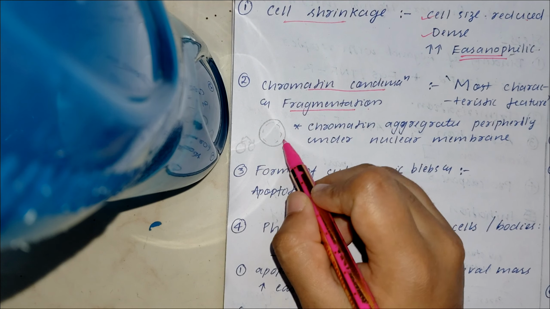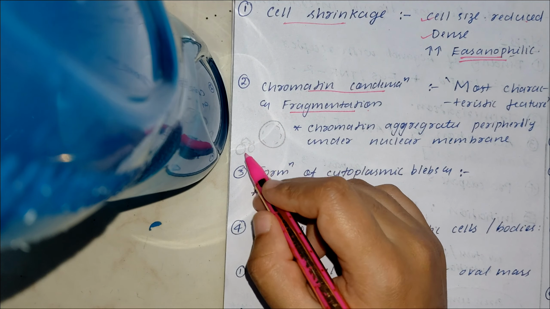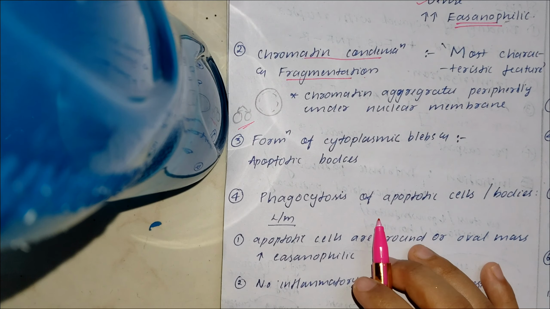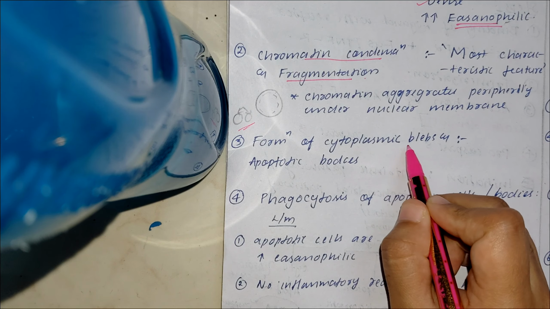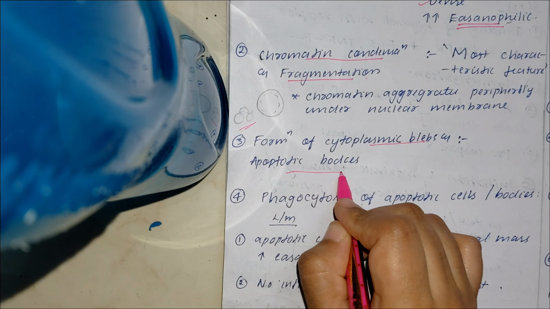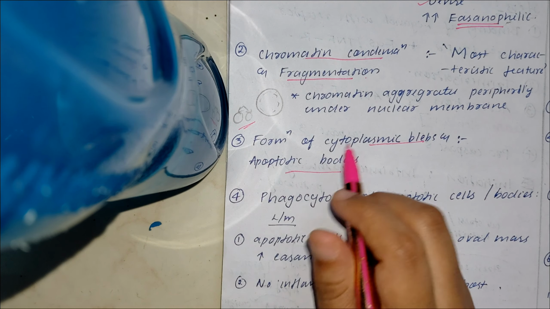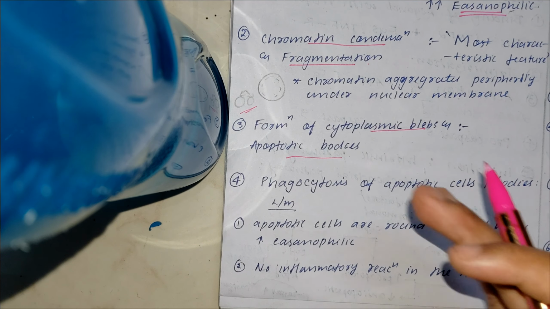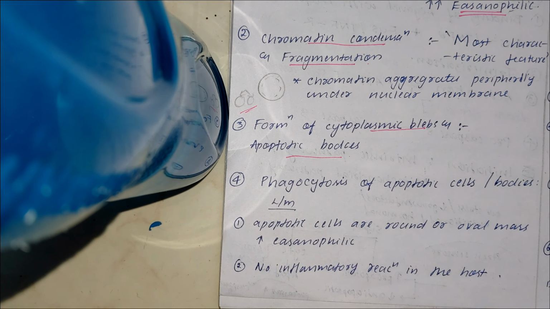And also there will be DNA fragmentation. The third point will be cytoplasmic bleb formation, and apoptotic bodies also will be there. What are apoptotic bodies? I will discuss that in a next question.